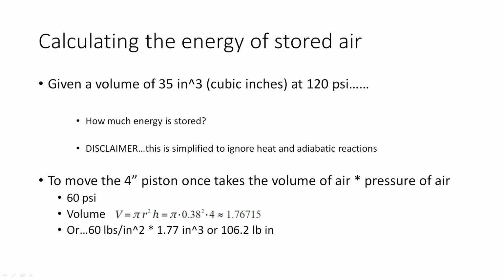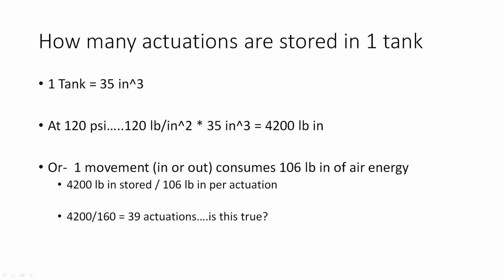That's potential energy. So if I say to move a 4-inch piston once takes that volume of air of 106.2 pound inches to move it once, and I've got a volume of air in the storage tank of 4,200 pound inches, I can move that piston about 39 times.